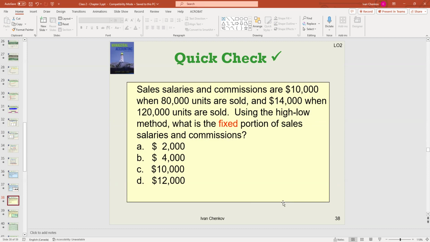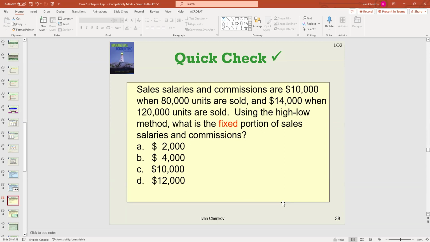I'm waiting for you. I want you to do this calculation. So again, use either the highest or the lowest point. You already know the cost per unit. Now calculate the fixed cost. How much will be the fixed cost?